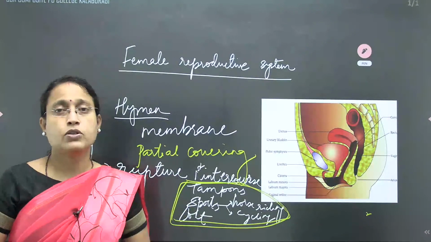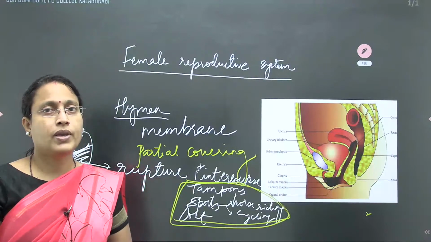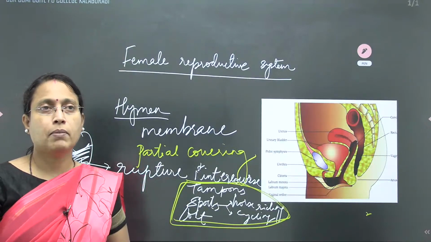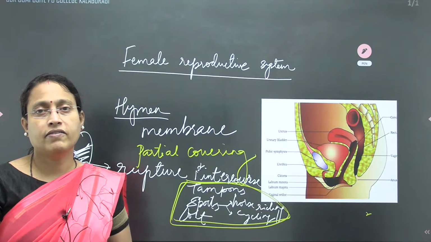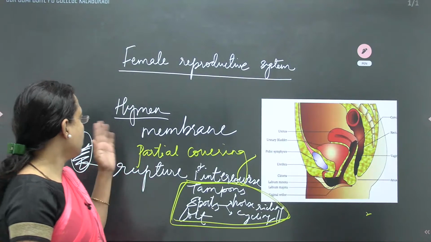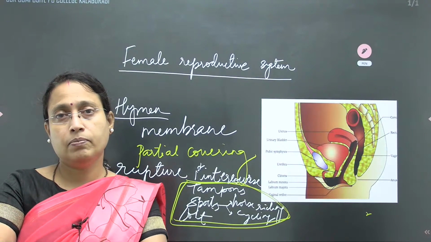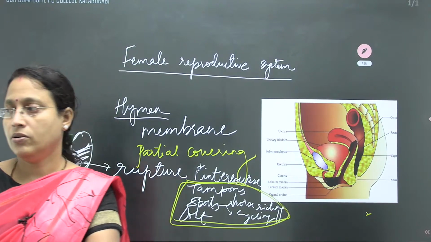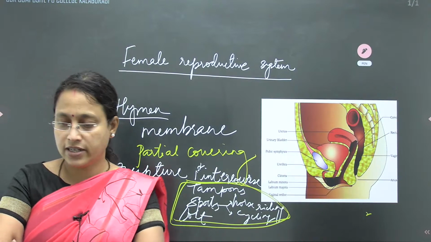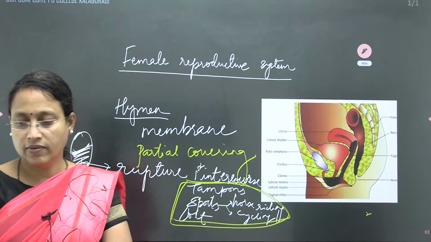It is not going to rupture. So therefore hymen cannot be a reliable method to determine the virginity of a female. So this completes the next part of the external genitalia called the vulva.